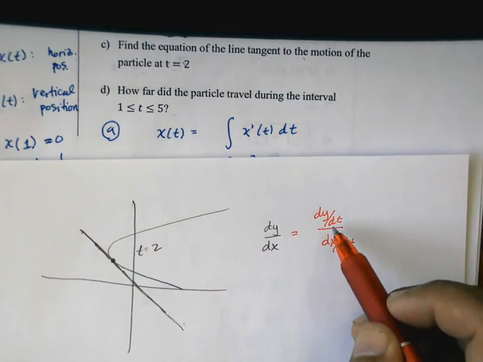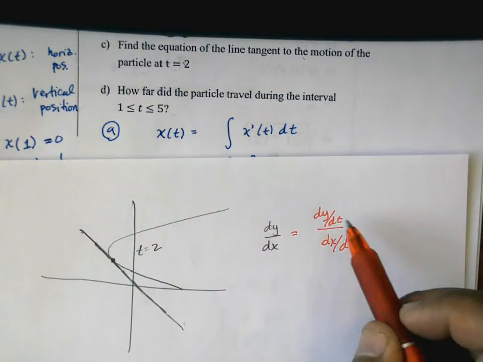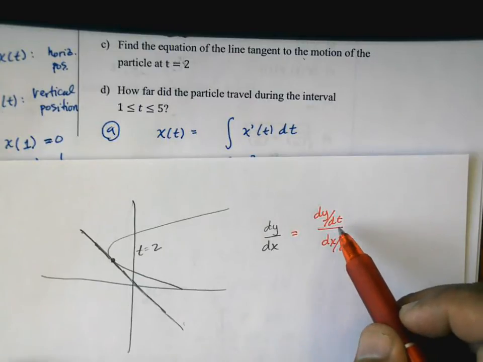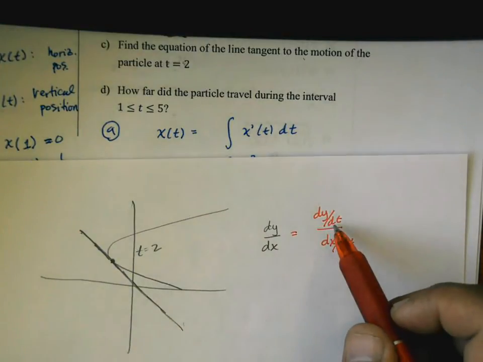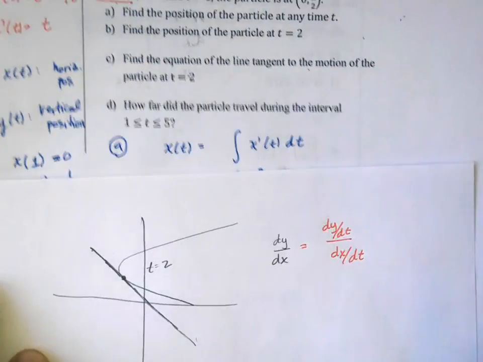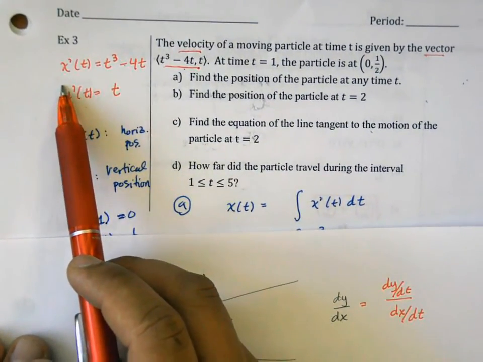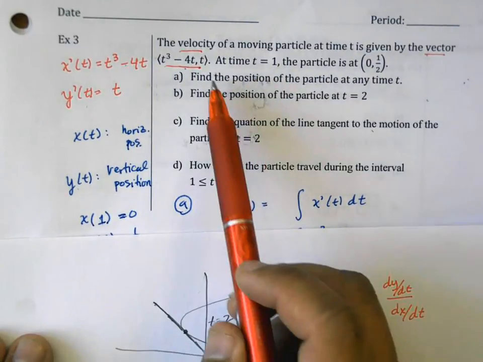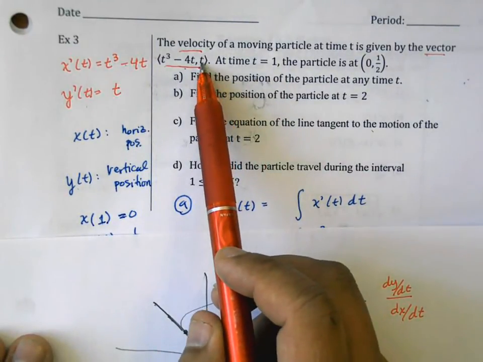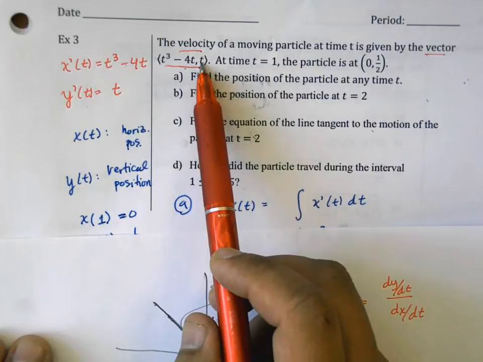Well, now let's think about this. What's dy/dt? Well, the derivative of y with respect to t. And that was actually given to us at the very beginning. dy/dt is equal to t. Remember that we were given the velocity.